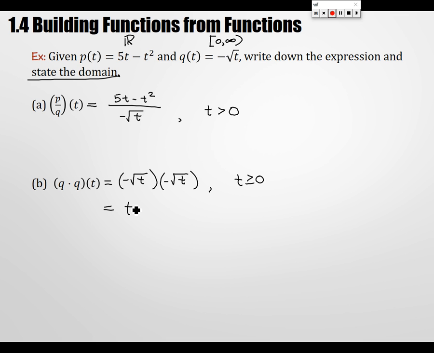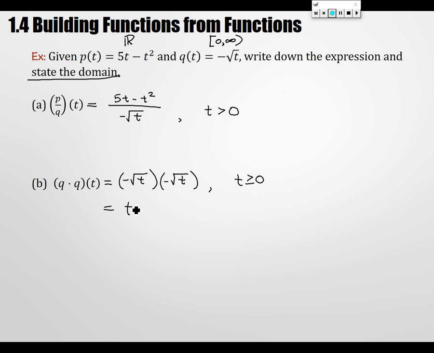Yeah, the fact that you simplified, that was your business. The function we're talking about, all of us, is this function. I think we are right to simplify it to t. That's a good instinct. But when it comes to saying what the domain is, make sure you go back to what we're actually talking about, and that's q times q.